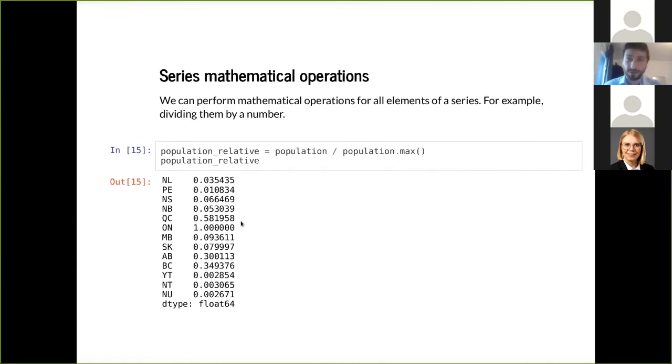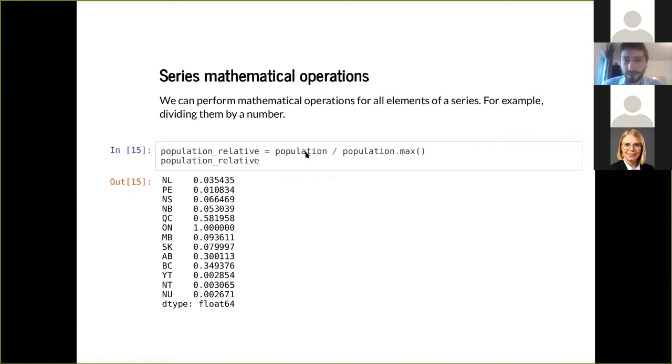We can also do very simple mathematical operations on series, for example, summing a value to it, subtracting, multiplying, dividing. So let's say that we want to put the populations all relative to the province with the biggest population. So we can create a new series, population relative, which is equal to population divided by population.max. So population.max will return me the biggest value of the series, which will be the population of Ontario.